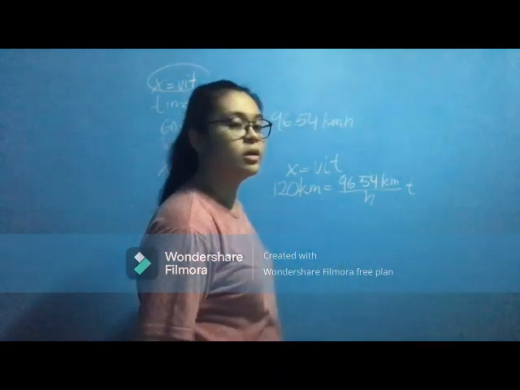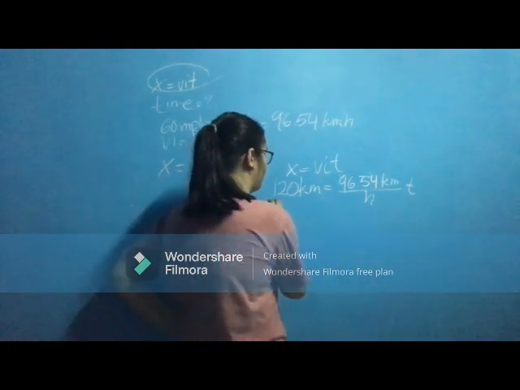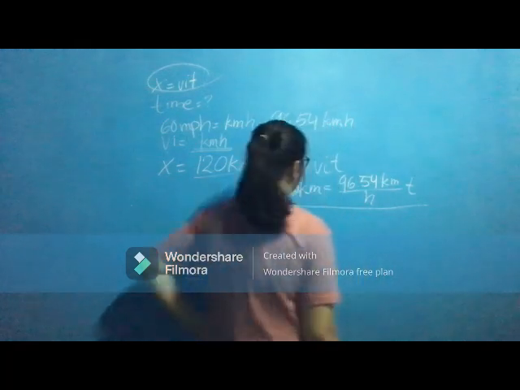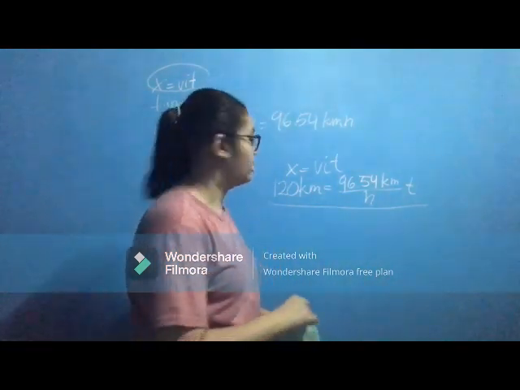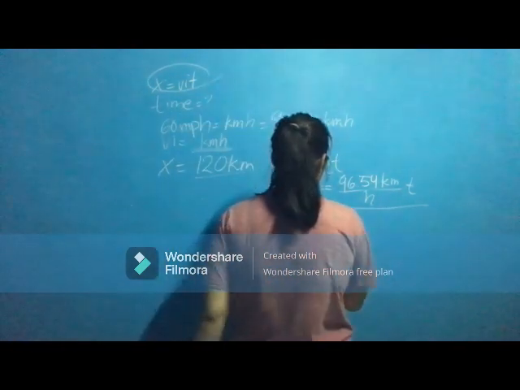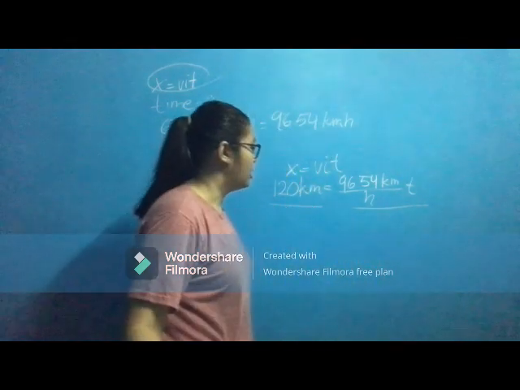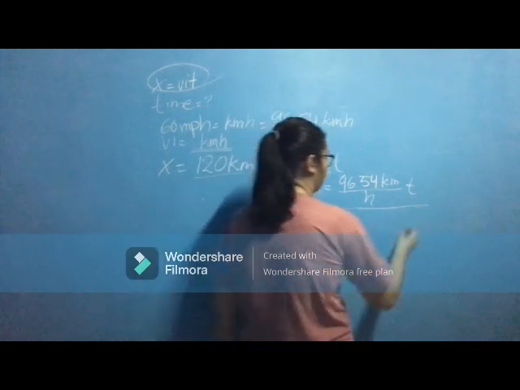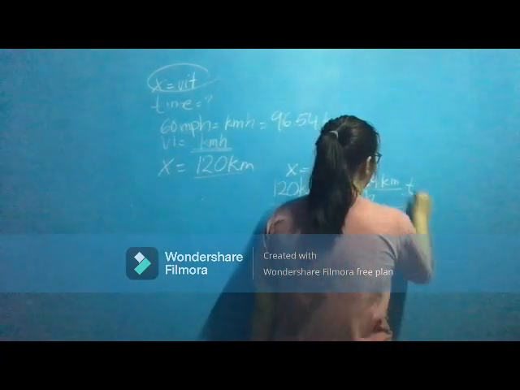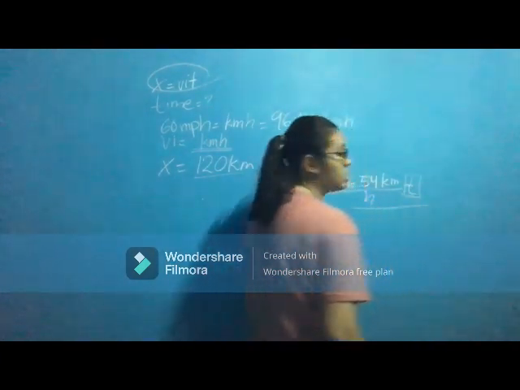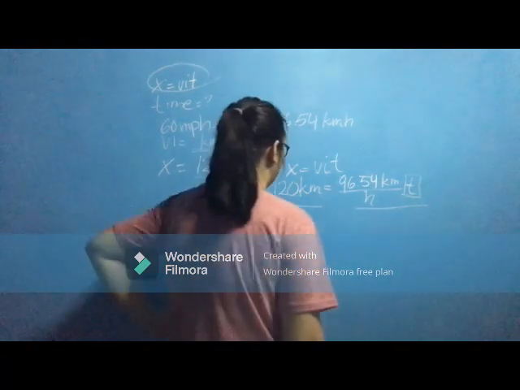Now how are we gonna find time? We divide, or at least cancel these values so that we can find time. Or at least we're gonna substitute it to make this whole equation time alone. Let's do that.